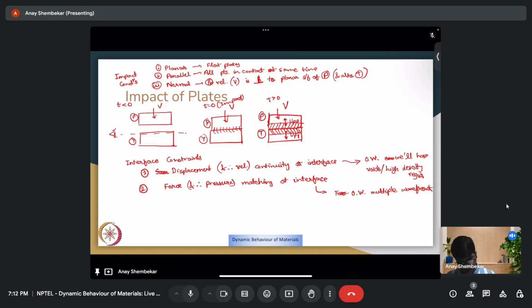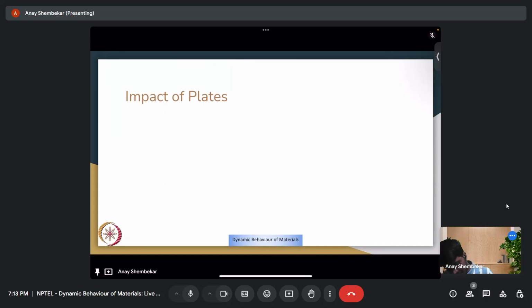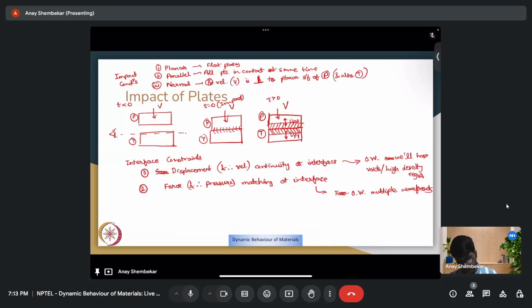With these conditions, we'll now move to the mathematics. We have projectile P, we have target T, and we'll write down the basic equations. We can write down the mass conservation equations by taking a small control volume before and after the shock front, as we have done in the previous week's lecture.